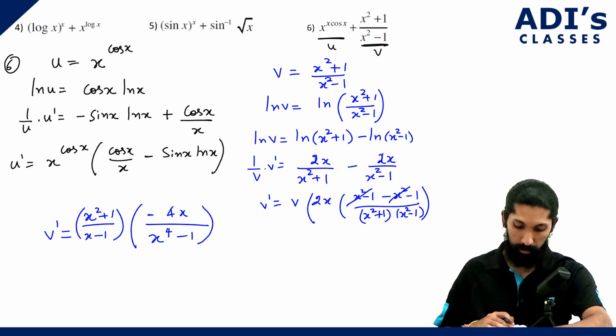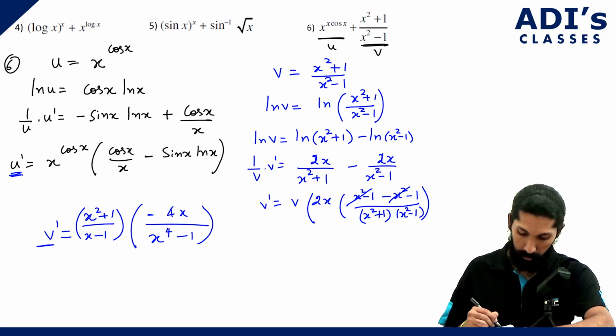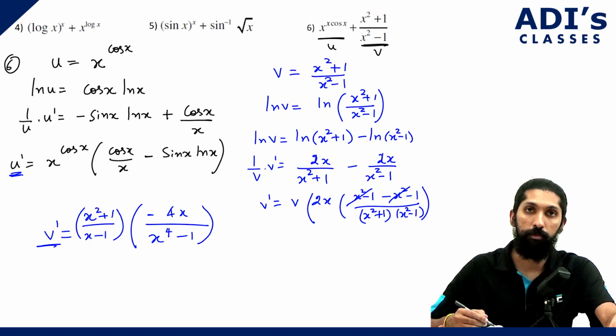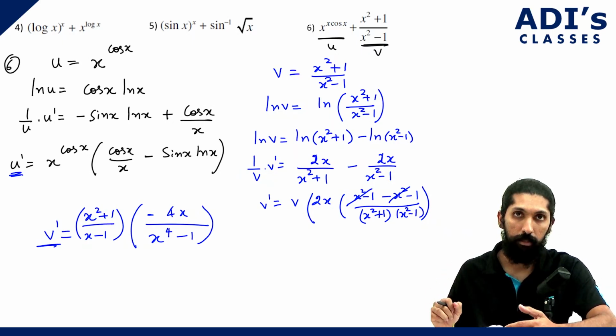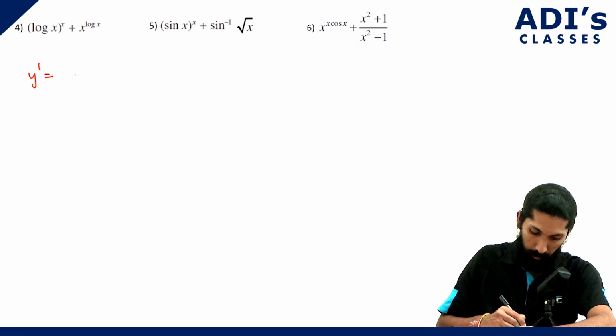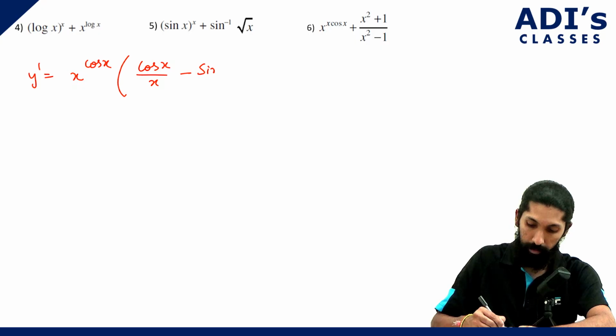So you have u dash here, you have v dash here. Now you have to add both of them, isn't it? That's going to give you the value of y dash. So let's do this one now. X to the power of cos x into cos x by x minus sin x into log x.